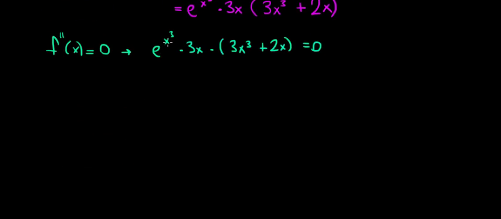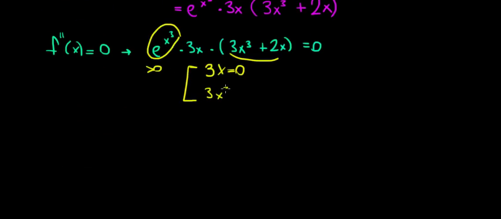But that number to any power is going to be positive, so this cannot be 0. The only option that we have left for this multiplication to be 0 is either 3x equals 0 or this thing over here, 3x cubed plus 2x equals 0.